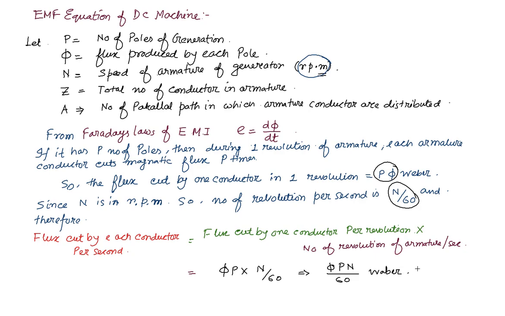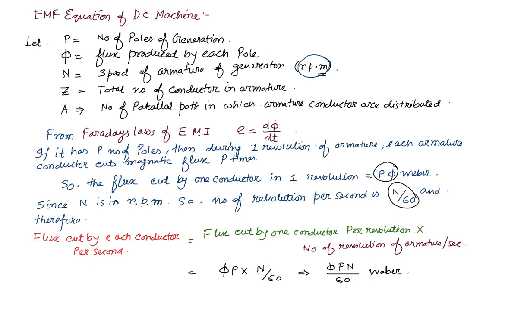Okay, now the induced EMF. The flux cut by each conductor per second, that is the change in flux per second, is nothing but phi P N by 60. The rate of change of cut flux per second is nothing but the induced EMF.